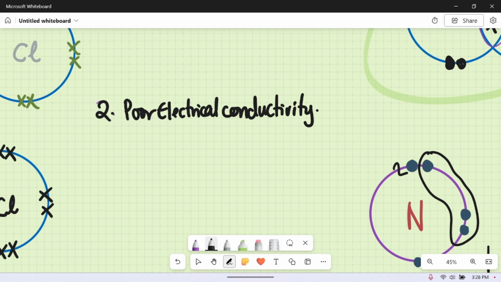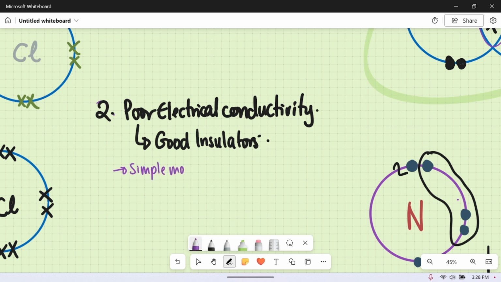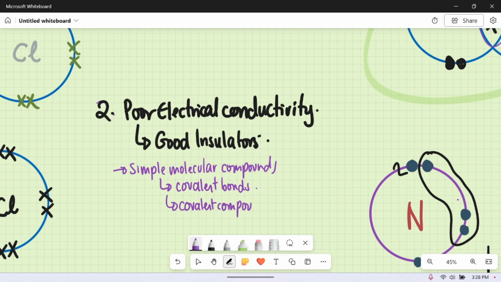They cannot conduct electricity. Poor electrical conductors are also known as good insulators. And these simple molecular structures are covalent compounds, and hence cannot conduct electricity.